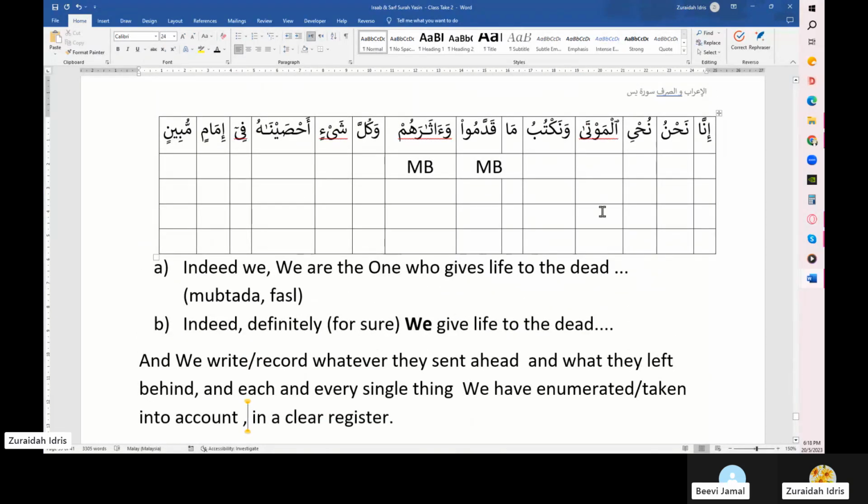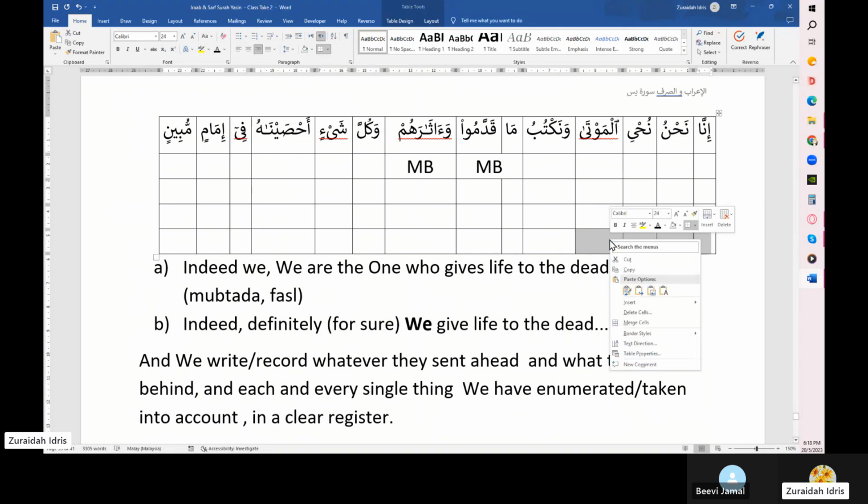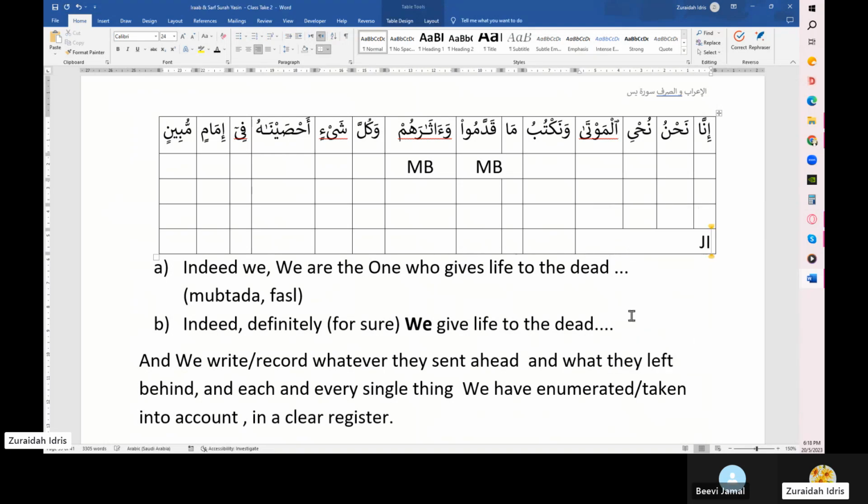Yeah. So here, from where to where is this a jumla ismiyah, right? I just want to highlight here. So I agree, this is a jumla ismiyah. And from where to where do I consider this a jumla fi'iliyah? Yeah. Okay, this is also jumla fi'iliyah.